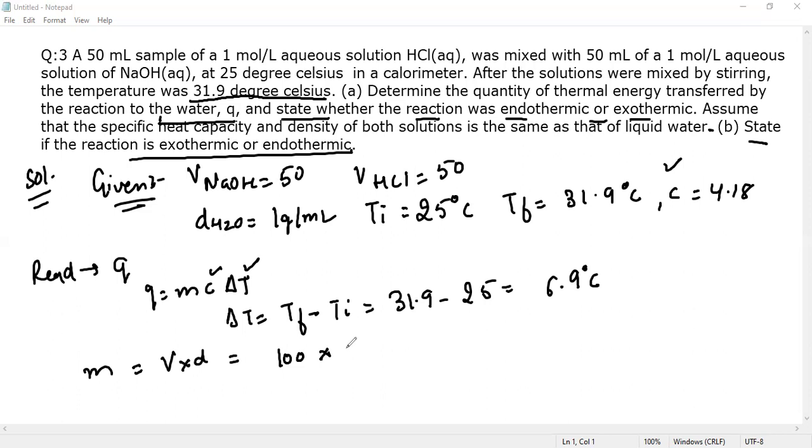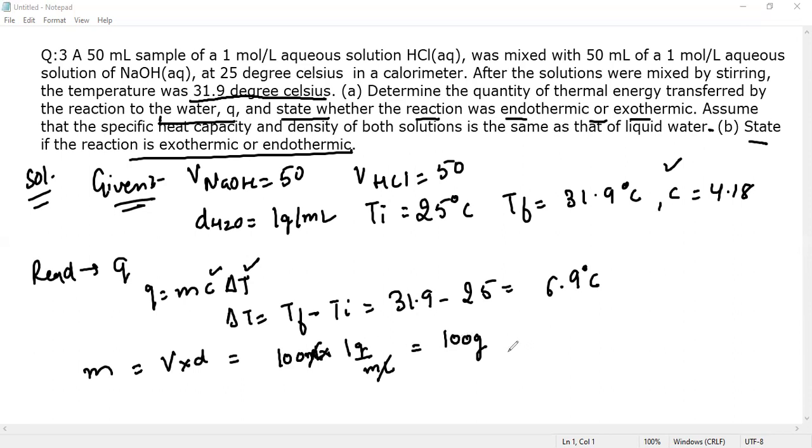So 100 is the total volume. And then what is the density? So density would be 1 gram per milliliter. This is in milliliter, and this one is grams per ml. I showed you last time also. Milliliter will cancel. So what is the mass? 100 grams. So we have all three parameters with us.